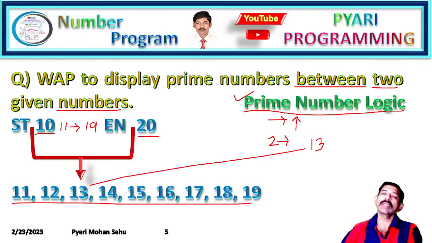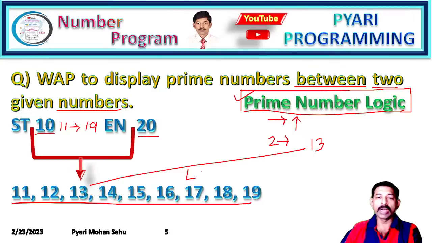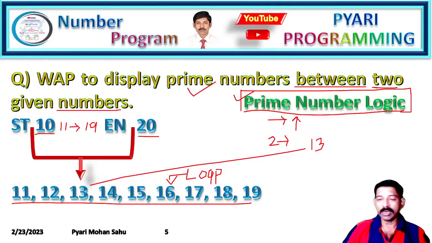So what exactly do I need to do? ये जो प्राइम नंबर का आपने लॉजिक लिखा है उससे पहले मुझे और एक लूप लगाना है simply, and that loop will generate these numbers. बस आपका ये नया वाला प्रोग्राम भी खत्म हो जाएगा। Understood the explanation?